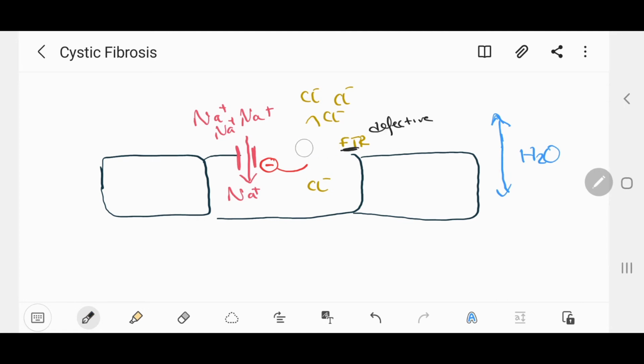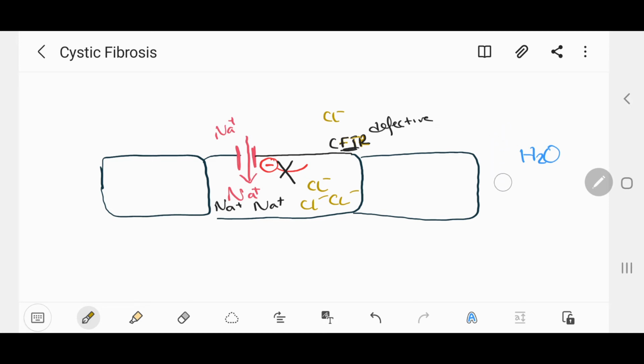When the CFTR is defective, then there's no channel that is transferring chloride ions out of cells. There's no inhibition on the sodium channel, so more sodium is drawn into the cells, where water follows. And more chloride ions are inside because there is no CFTR protein transferring them outside.